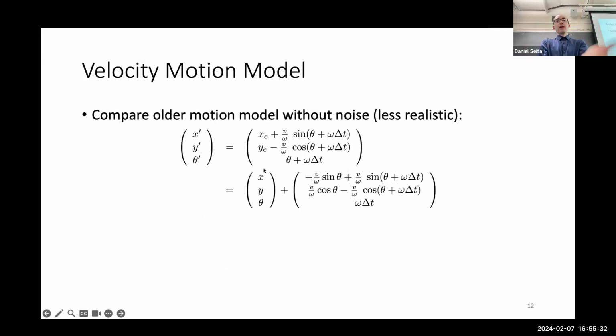So what you see here is the old motion model. It's just x prime, y prime, and theta prime, the next state of the robot, equal to the current state plus something that depends on the action that we took, which is two terms, the translational and the angular velocity.